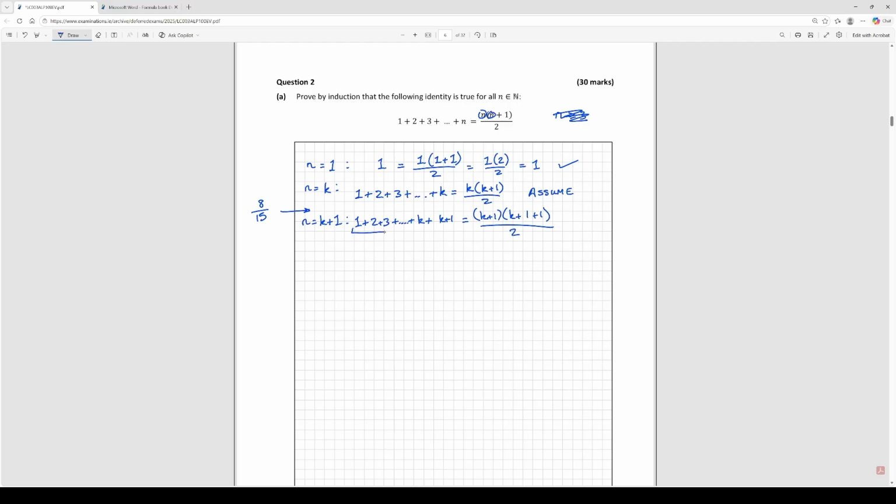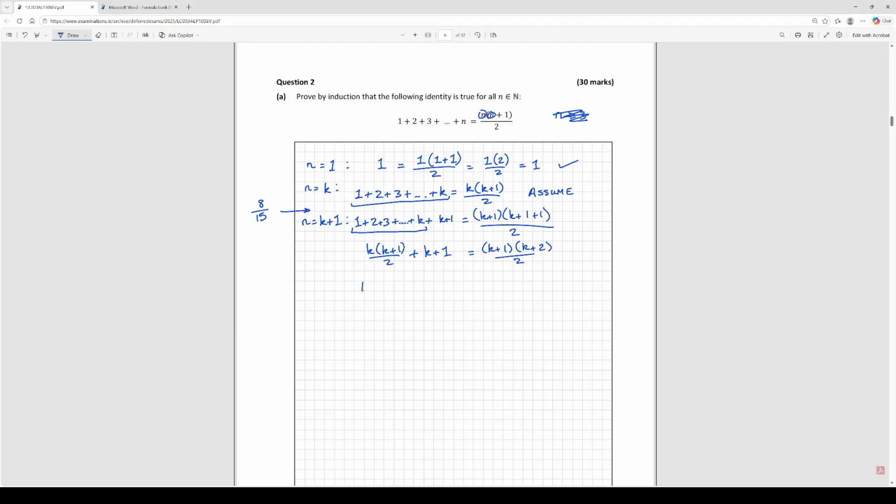And the beauty of the series ones is that this guy is the same as this guy, so we can replace it with k bracket k plus 1 over 2 plus k plus 1. And this we can condense down ever so slightly to k plus 1, k plus 2 over 2.